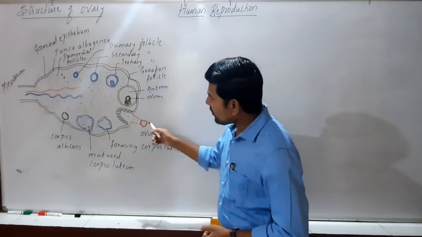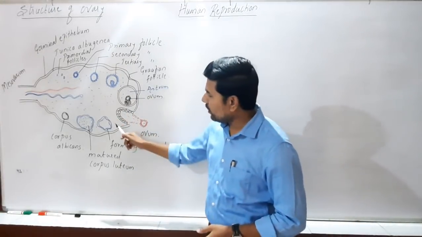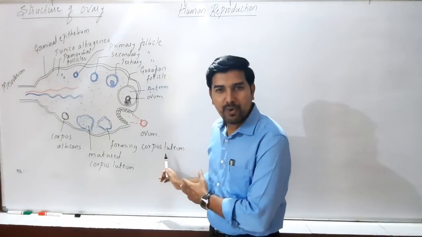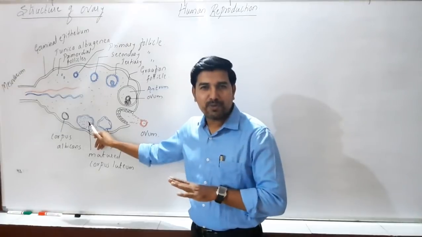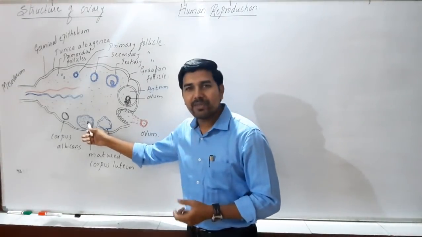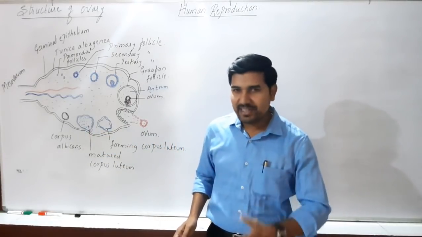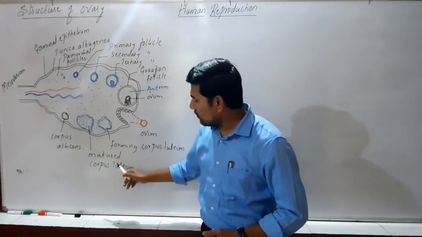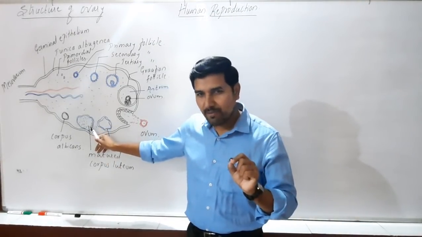Now, after ovulation, this Graafian follicle gets converted into one more structure called the corpus luteum. This is the forming corpus luteum. This is the matured corpus luteum, which will be a little enlarged in size and will produce a hormone called progesterone. So what is its function? We'll see it. Corpus luteum produces progesterone hormone.